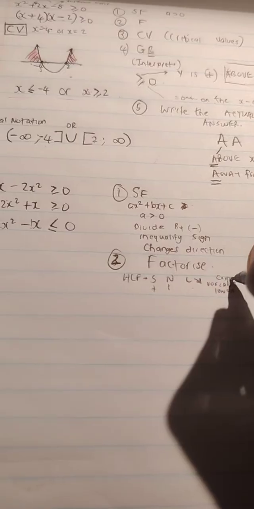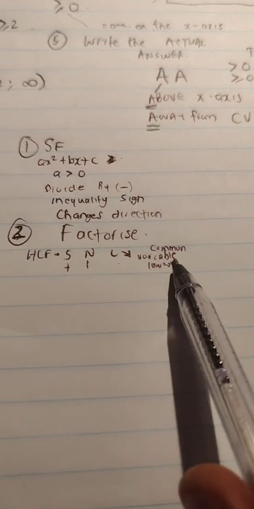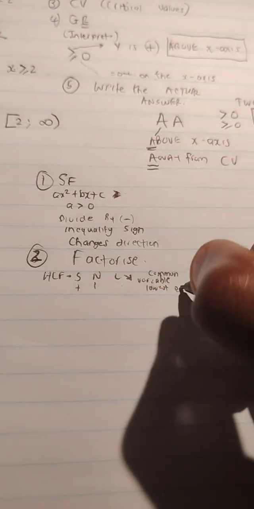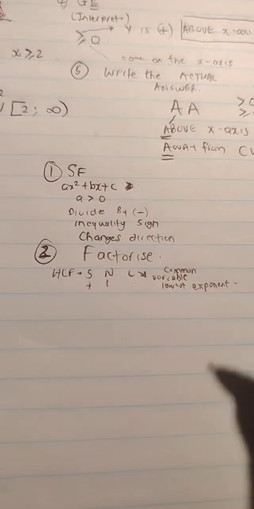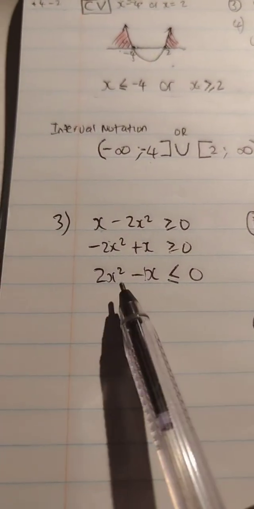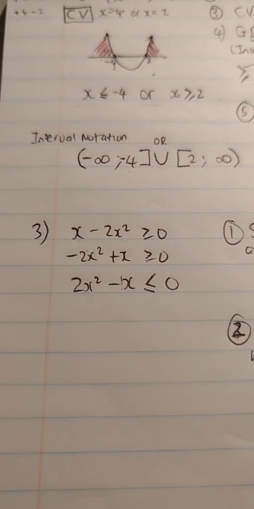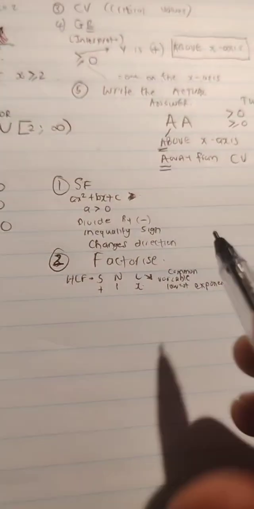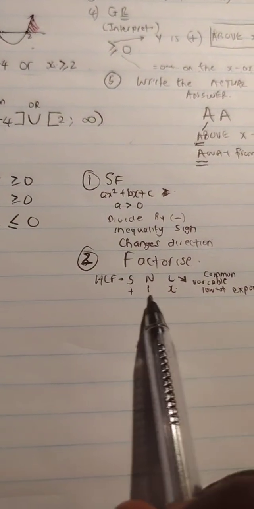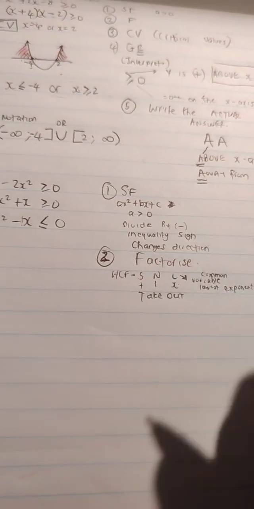The letter needs to be common for all the terms in your expression. Looking at x squared and x, the x is common, and the lowest exponent is x. So your highest common factor is positive 1x. I'm going to take that out.